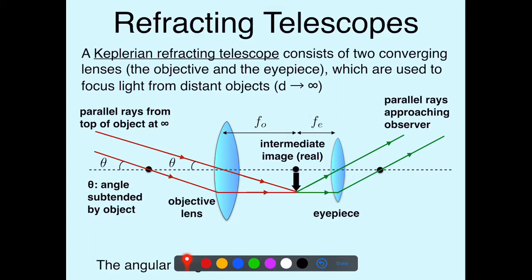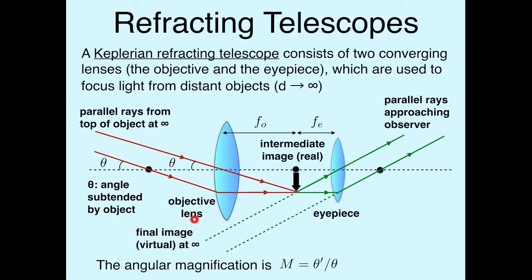So these would be the rays that you actually see, because you look through the eyepiece when you observe something through a telescope. Now, if you trace those rays back behind the lens, they're actually just parallel, so they don't ever converge. The final virtual image is forming at infinity.